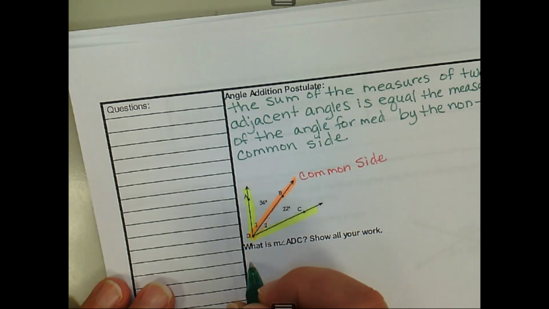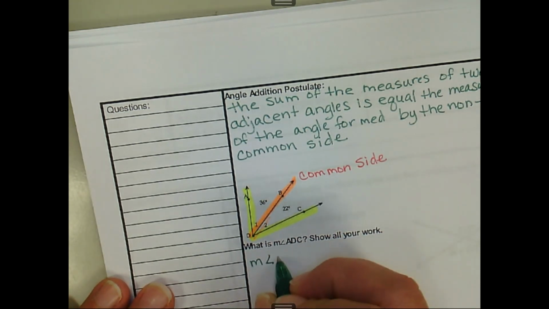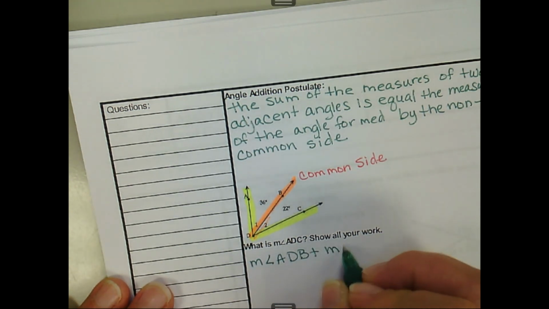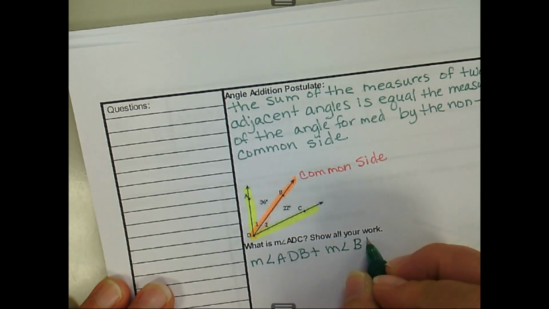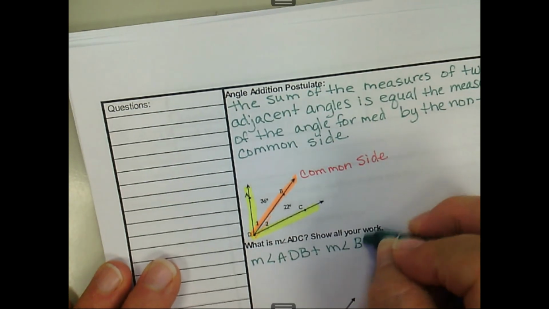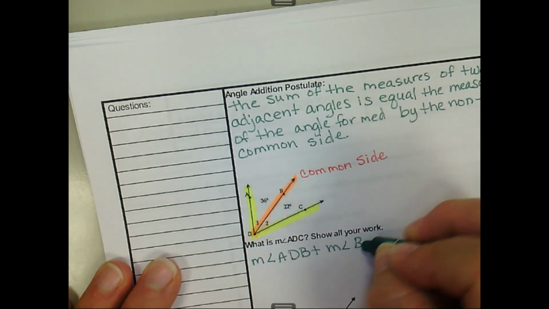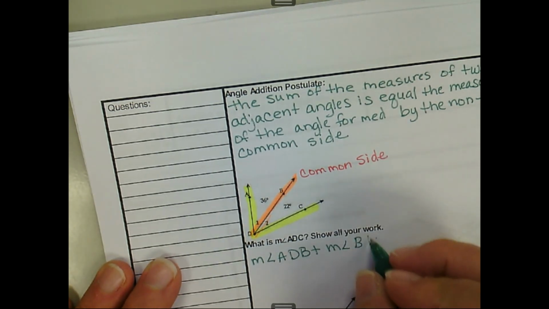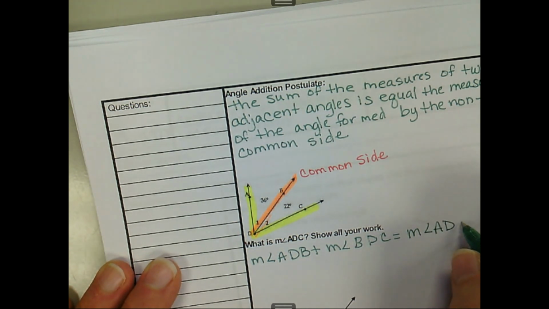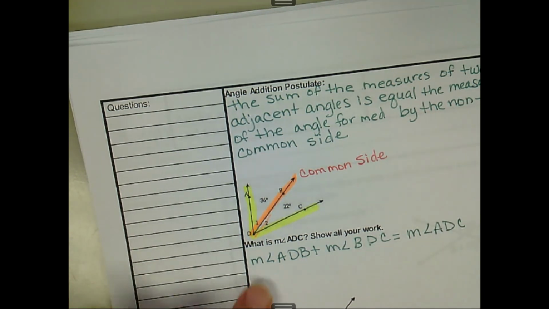Well, I know that the measure of angle ADB plus the measure of angle BDC is equal to the measure of angle ADC. Okay, so what is the measure of the angle?